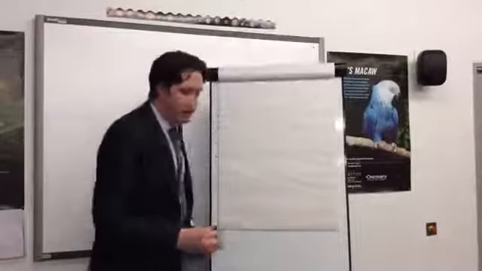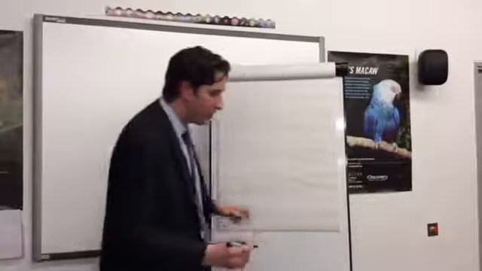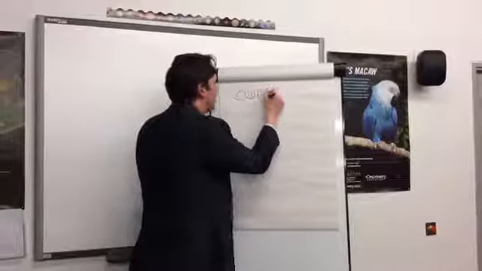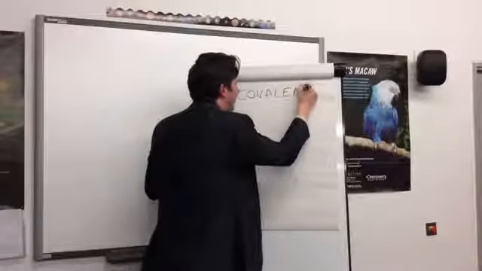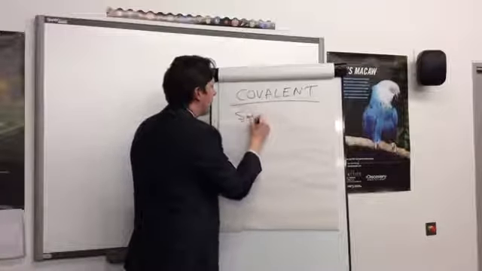Last thing I want to talk about then, because we have run a little over, but I want to finish off this bit on covalent, which is a real key bit. Okay, so covalent compounds. And the one we're going to talk about is called simple molecules.